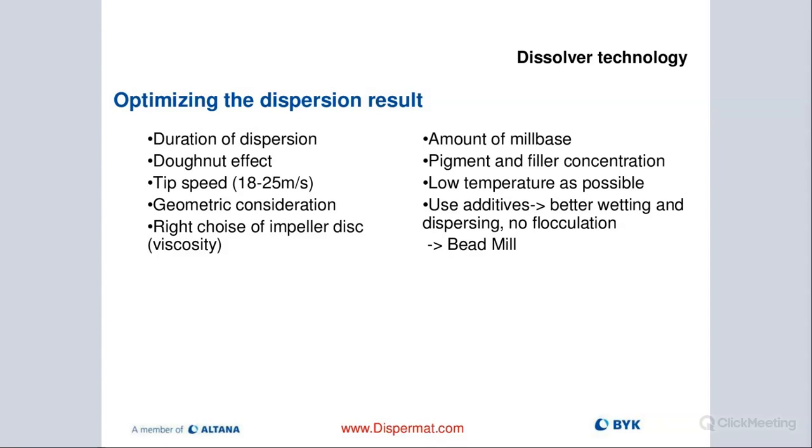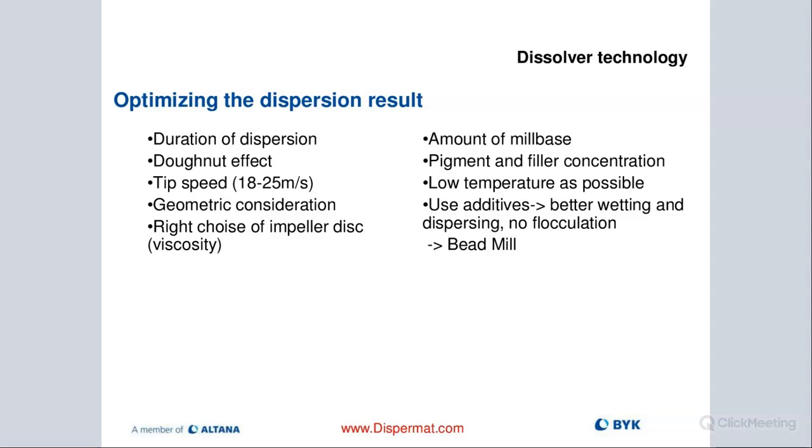We should be able to get there after 30 minutes to be between 10 to 30 microns of particle size before we start milling. Again, the donut effect, the visual cue, and tip speed are very important, 18 to 25 meters per second. Our higher end machines will show that on the display. Customers really like that when they can see it and not always have to calculate it.